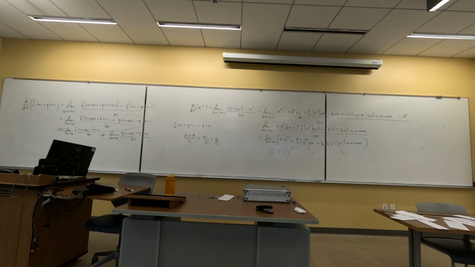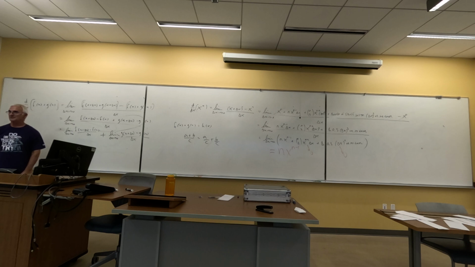If I cover up the word limit, is it still true? So if I cover up the word limit, look at my numerator. This plus this minus this sum, is that still this minus this plus this minus this? Yes. I have a big quotient over delta x. Can I split it up into two quotients, each over delta x? Yes. I didn't do anything tricky with the algebra.